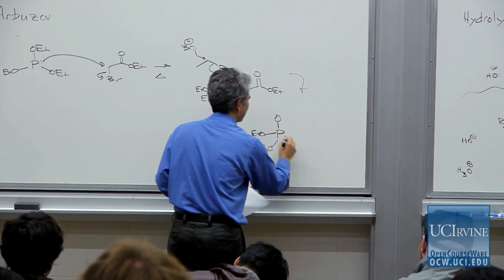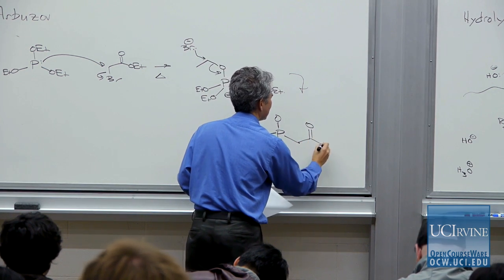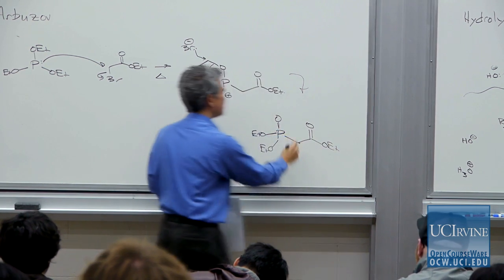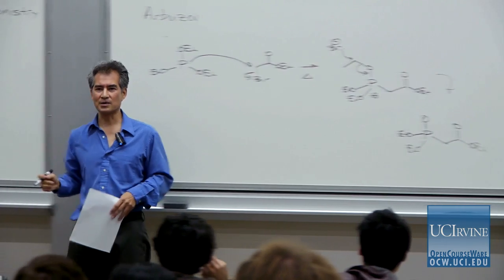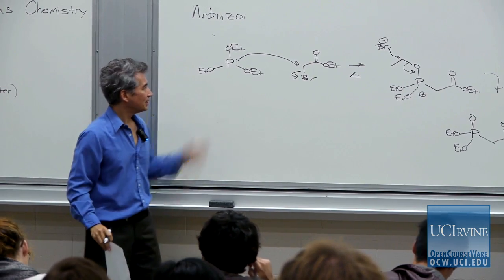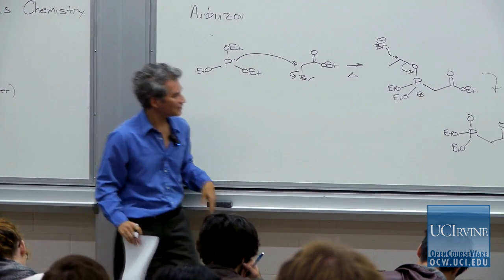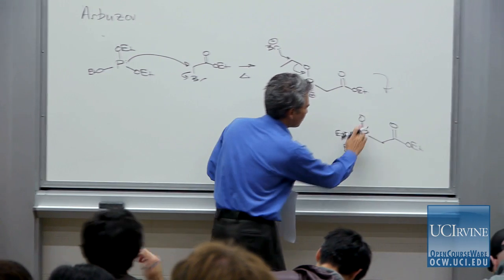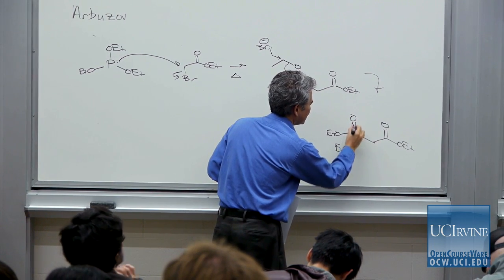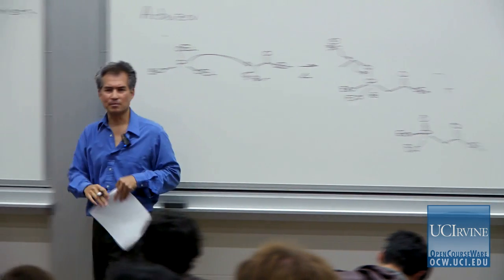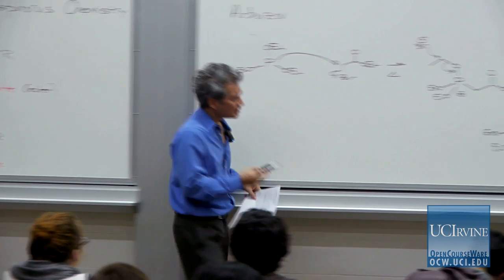And this is what you use for a Wittig-like reaction. I'll say a little bit about Wittig reactions. But you can use this for olefination, something called the Horner-Wadsworth-Emmons olefination procedure. And you make these reagents for Horner-Wadsworth-Emmons reactions using this Michaelis-Arbuzov reaction.